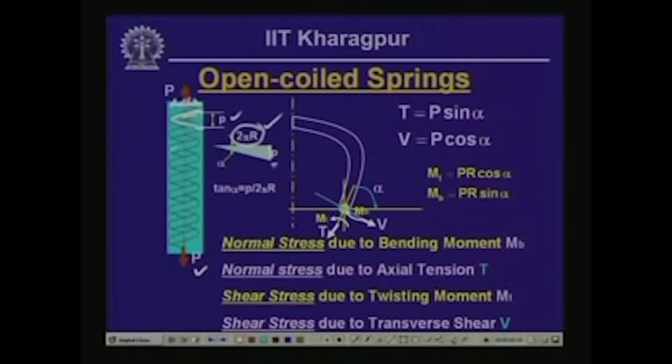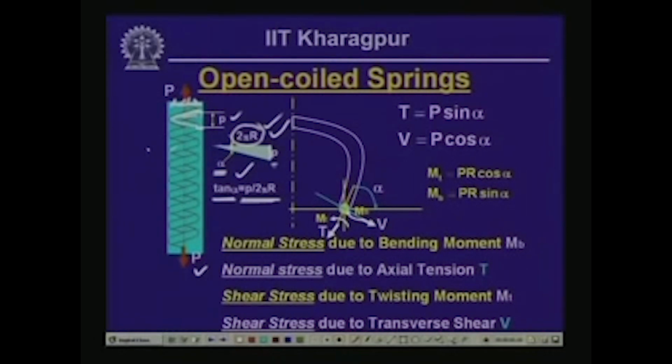Since it has an inclination, let us assume that the length gets extended and the helix angle between these two planes is equal to alpha. So, from this triangle we can say tan alpha is equal to p divided by twice pi r, and that is how we define the helix angle alpha with which this particular wire is wound.